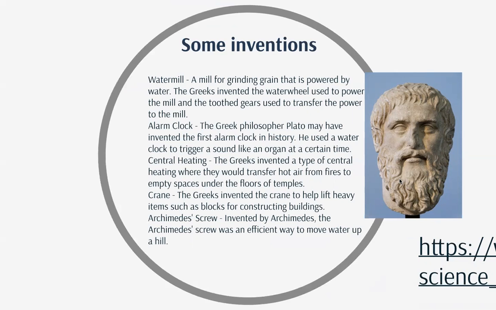At the time, you either had to sit on a rock and grind it all together, but they came up with this method using a water mill. Plato also came up with a water clock to wake himself up in the morning. Things like central heating, which is basically hot air going around the house, and a whole range of things as well.